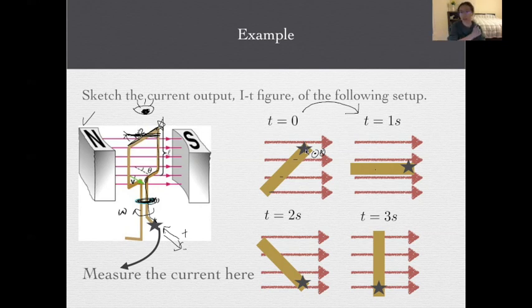So the loop will create a magnetic field to the right. If the loop is creating a magnetic field to the right, then you will expect a current coming in this direction, which means the current going through this wire will be out of the page at this point.